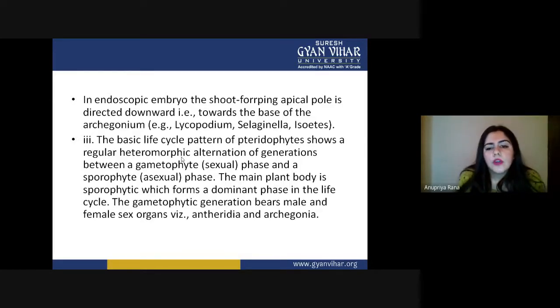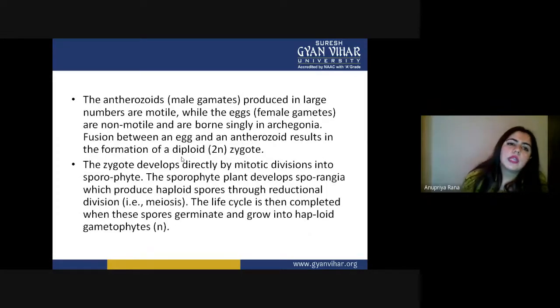And the gametophyte generation is just for bearing the male and female sex organs, antheridia and archegonia, for a very short time. They do not live for very long. Antherozoids, the male gametes, are produced in large numbers and are motile, while the egg, the female gamete, is non-motile and born singly in the archegonia.